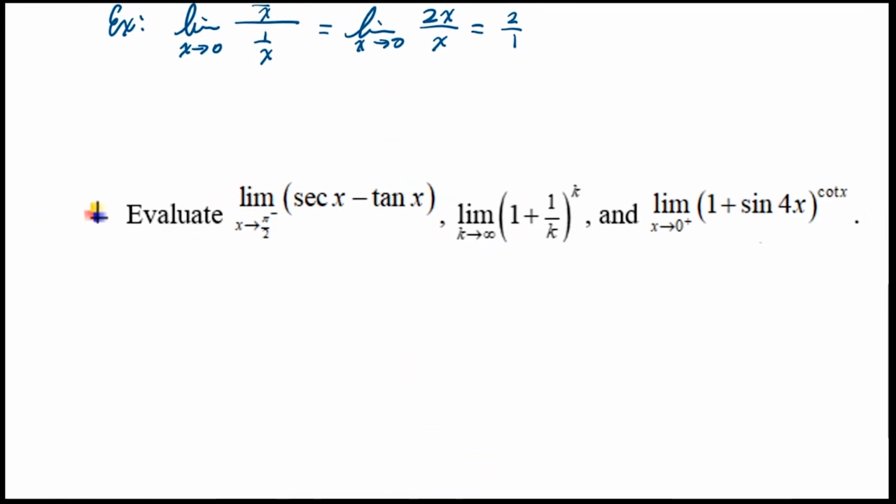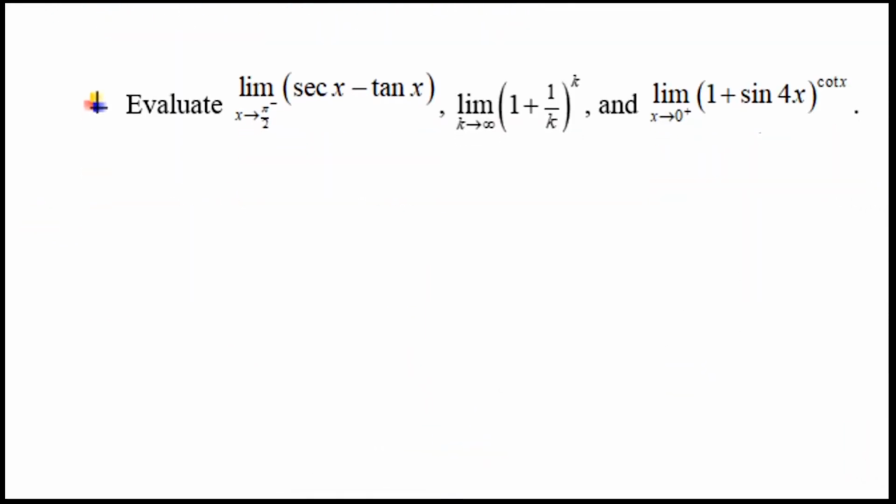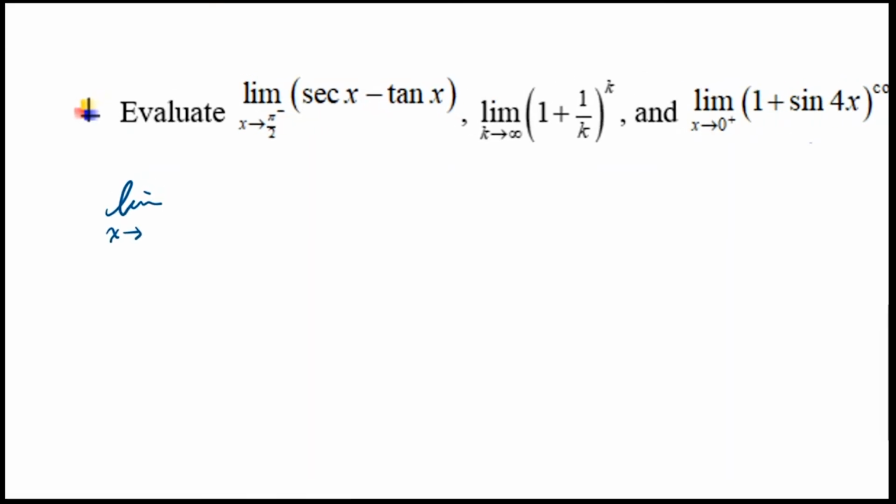Okay, then we'll do a little more realistic examples. Let's look at this first one. The limit as x approaches pi over 2 from the left-hand side of secant x minus tangent x. Wait a minute, there's a vertical asymptote at pi over 2 for secant as well as tangent.